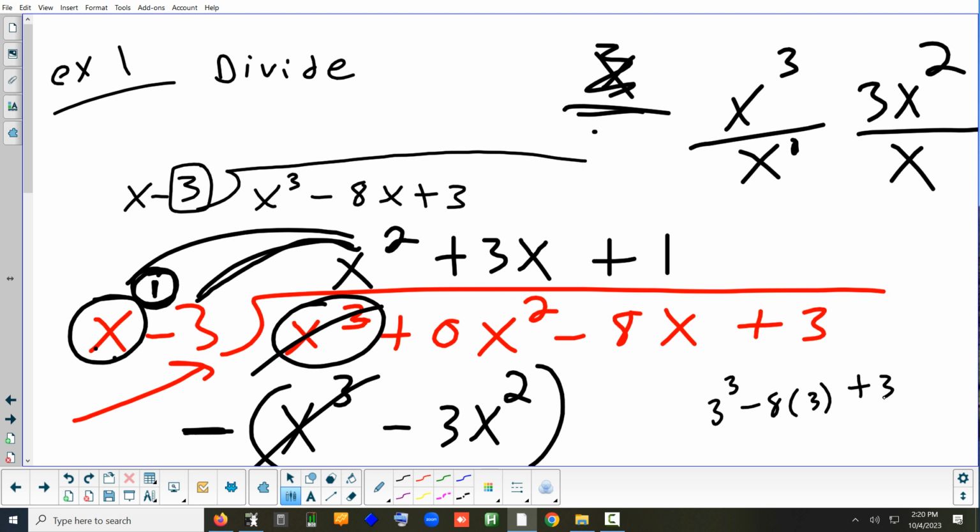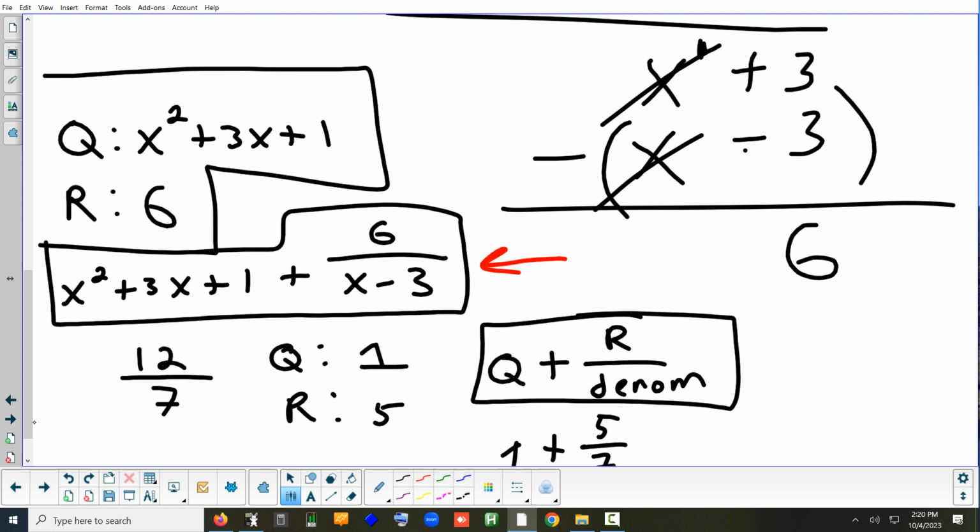What's 3 cubed? 27. What's 8 times 3? 24. What's 27 minus 24? 3, plus the other 3. 6. And look at what the remainder was when we did this problem. 6.